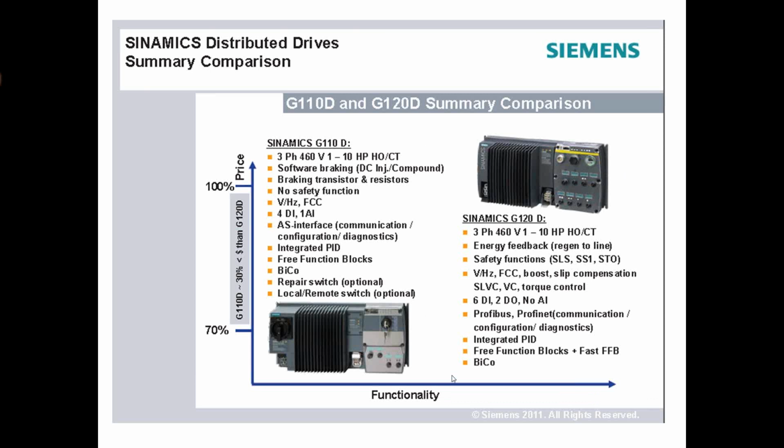The G110 has software braking with DC injection, and you can add braking resistors and transistors. The G120D has energy feedback, so you can regen to the line. Again, this is a great way to do energy savings, especially if you have loads that are providing resistance or power back into the drive.